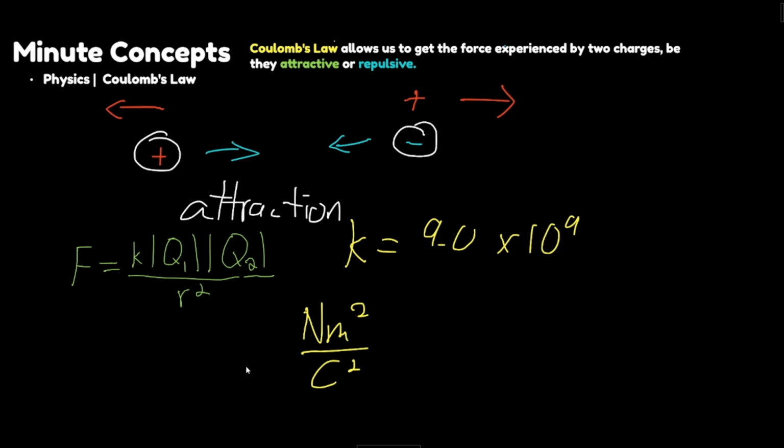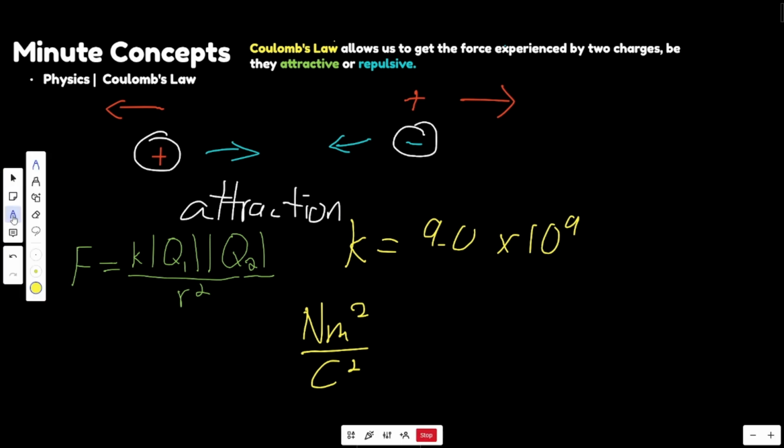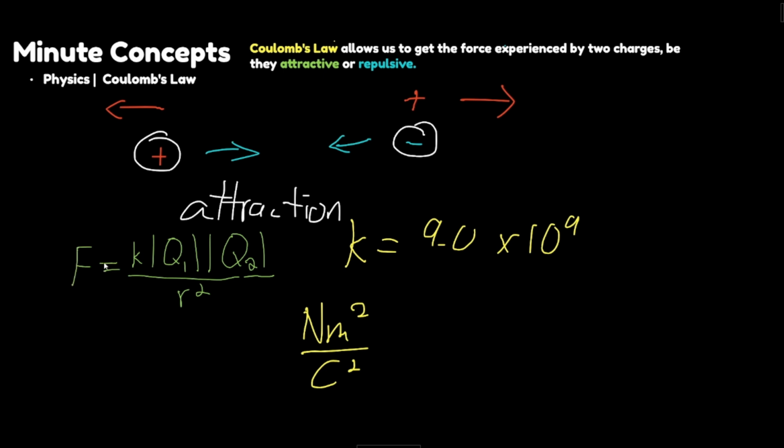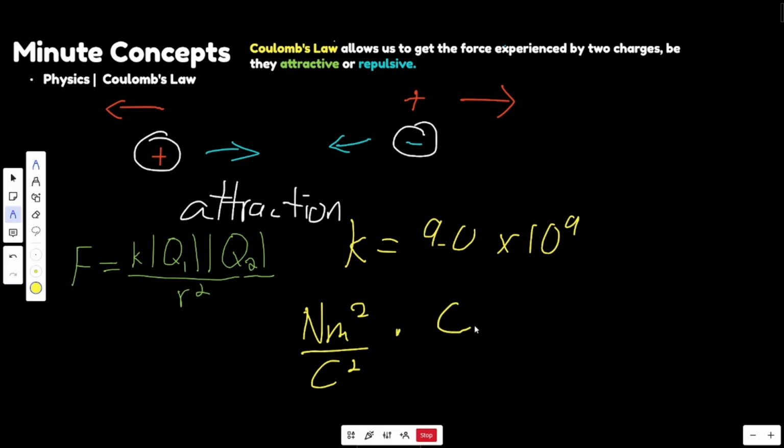Let's see how this plays into our formula. Charges are measured in Coulomb. So this is going to be multiplied by Coulomb, multiplied by another Coulomb, which can also be written as C squared. And this will also be multiplied by 1 over r squared.